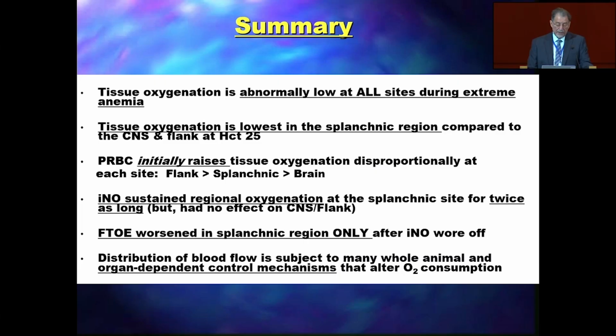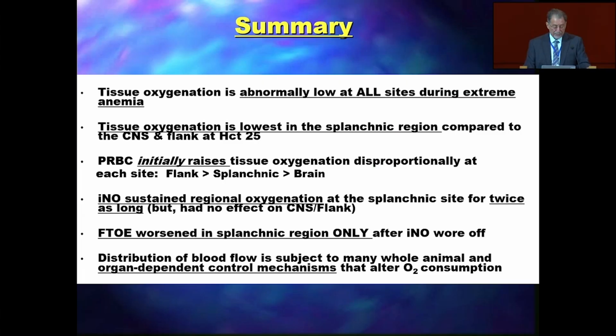So we concluded that nitric oxide during transfusions for extreme anemia sustained only gut mucosal oxygen delivery until it was stopped. So in summary, what I'm showing you is that tissue oxygenation was abnormally low in all sites during extreme anemia. That tissue oxygenation was lowest in the splanchnic region compared to the brain or the flank when the hematocrit averaged at 25.